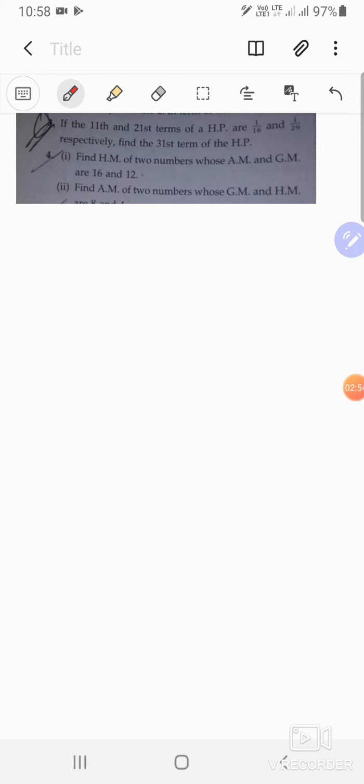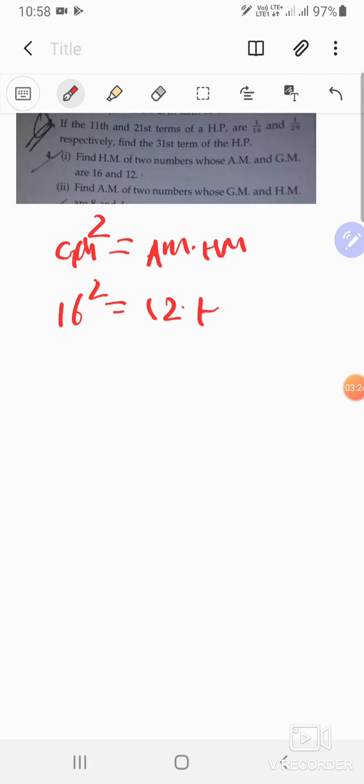Find the HM of two numbers whose AM and GM are 6 and 12. No problem. We know the relationship that GM squared equals AM times HM. So the HM of numbers whose AM and GM are 16 and 12. GM is 12 and AM is 16, so 12 squared equals 16 times HM, and we want to find the HM.